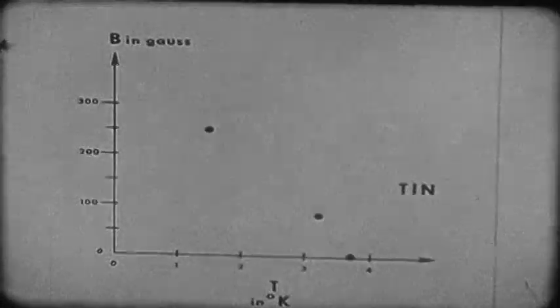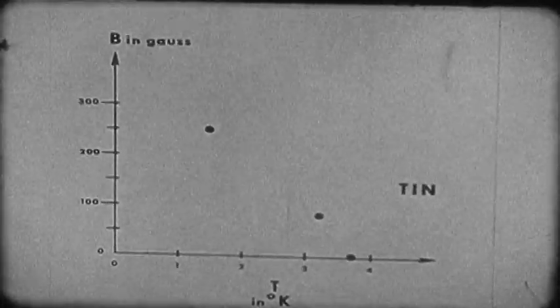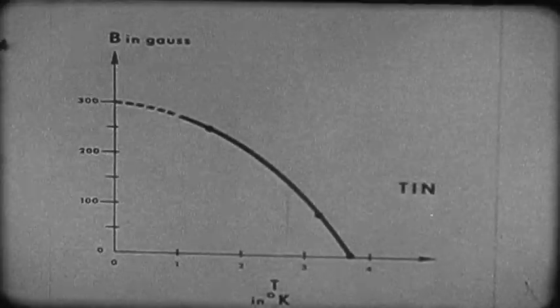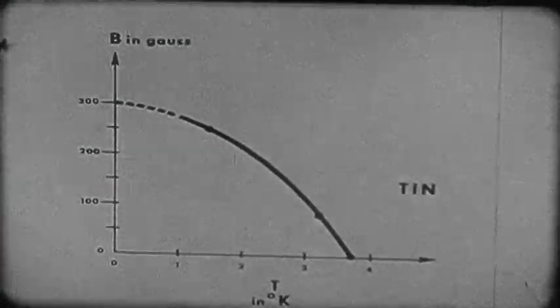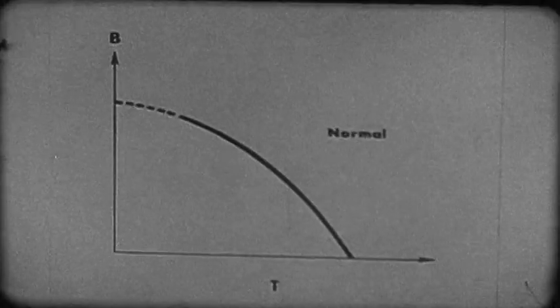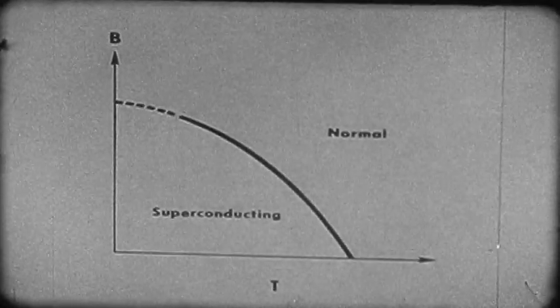By measurements similar to those we have performed, one finds that the critical flux density depends upon the transition temperature in roughly parabolic fashion. The parabola has its vertex at absolute zero. Points above this curve signify normal, points below it superconducting states.